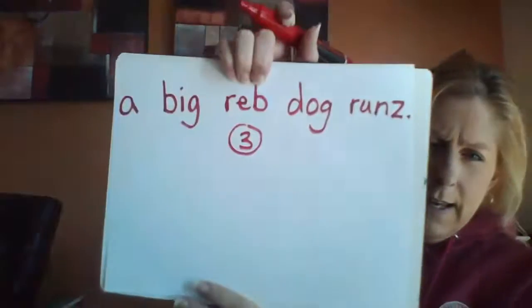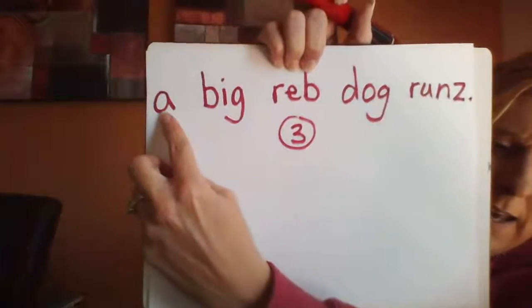We're going to go with our next sentence now. It should say, a big red dog runs. How many words is in that sentence? A big red dog runs. You think you know? Let's see. A big red dog runs. 5 words in this sentence. Okay, here's what I have.